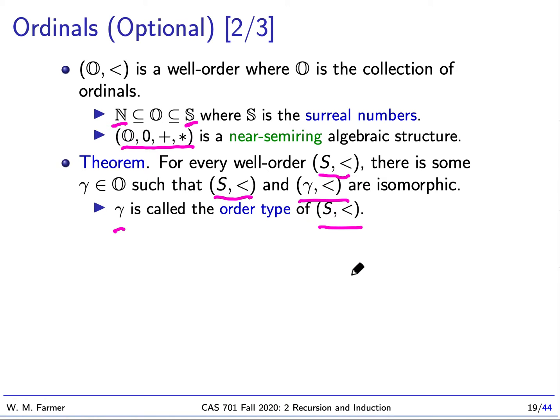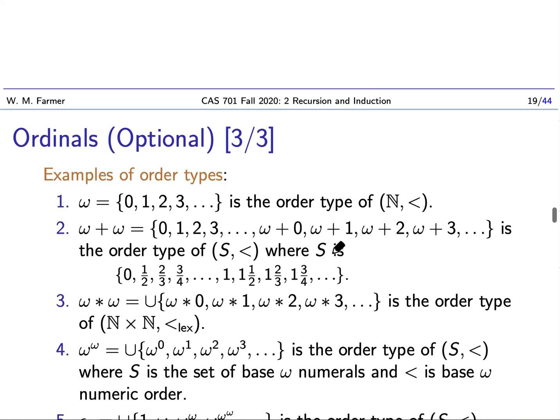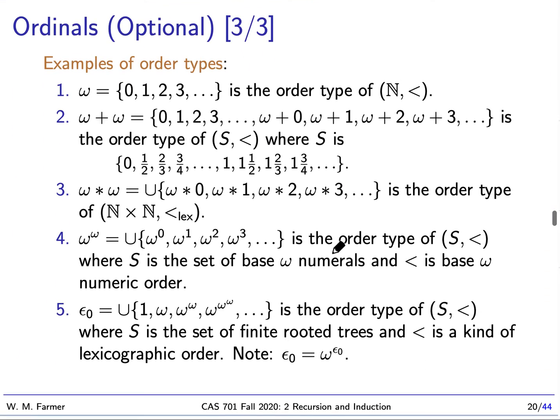So ordinals are a way of characterizing well orders. So anything you could do with a well order, you could do with the corresponding ordinal associated with its order type.